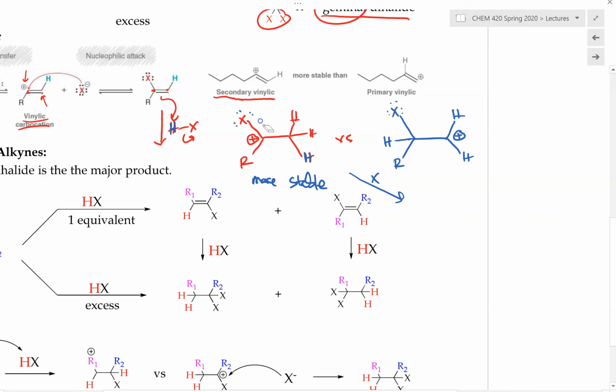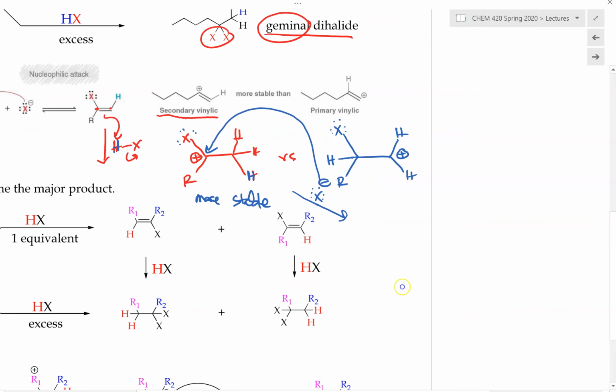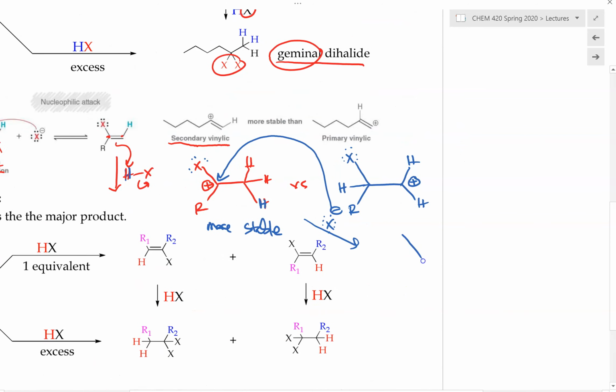So let me now erase this arrow right here. This halogen will then come in and attack that carbon. So in the end, the two halogens are added to the same carbon, and that is why we are producing the geminal dihalide. In this case right here, the product would then be as follows.